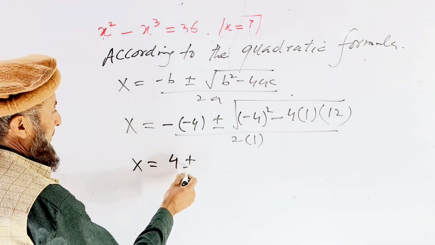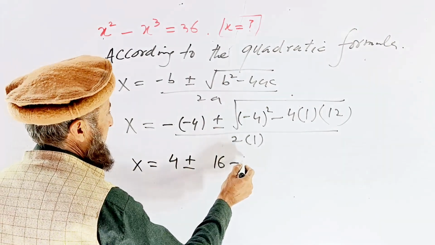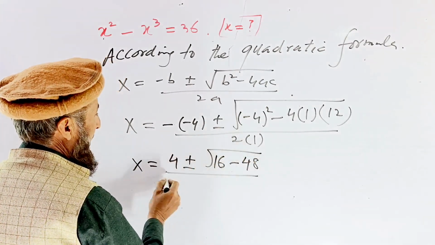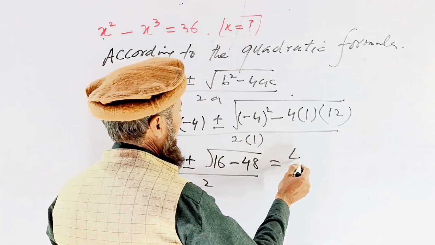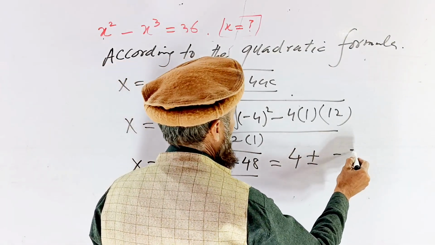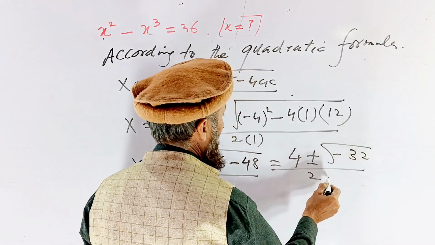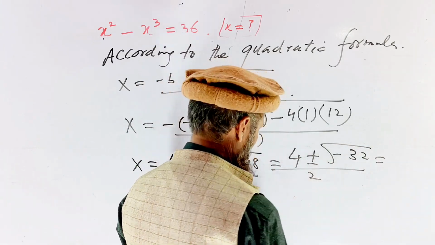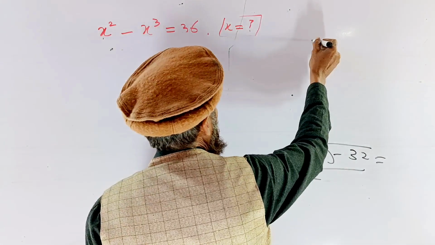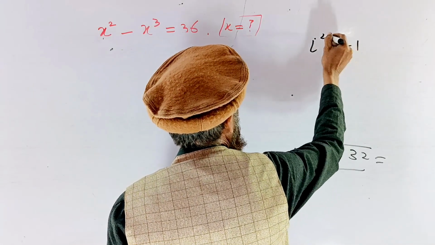Equal to plus 4 plus minus the square root of 16 minus 48 divided by 2. So we get here 4 plus minus the square root of minus 32 divided by 2 is equal to, so here we can write iota square is equal to minus 1.